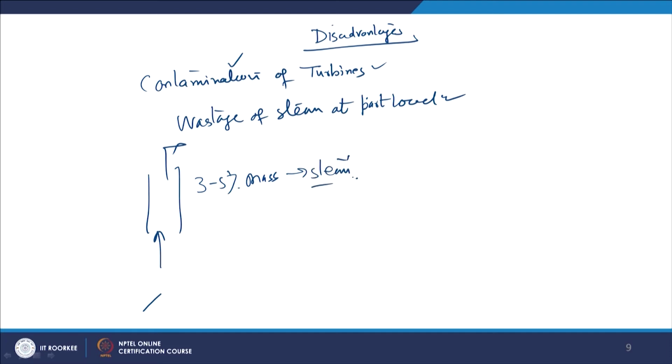Right. So, that is also a limitation. And another thing is the possibility of burnout. The possibility of burnout is more in this reactor because the coolant is in direct contact with the fuel rod. Now, what is burnout?